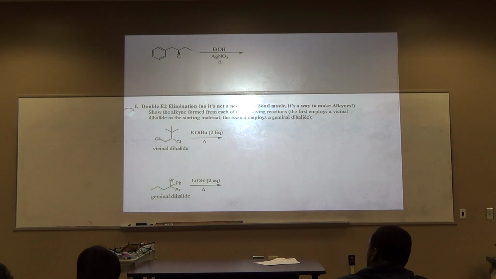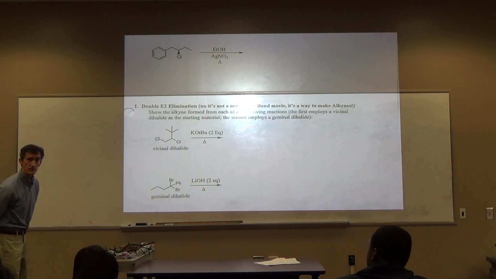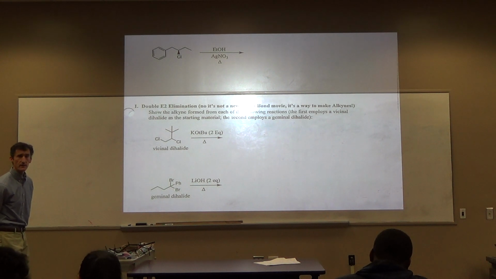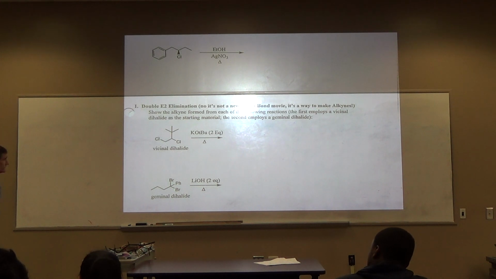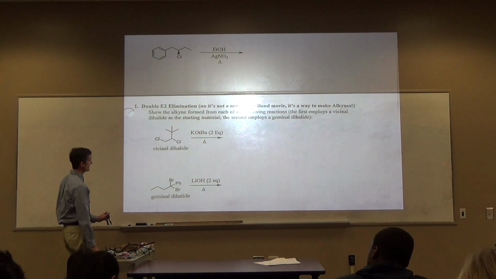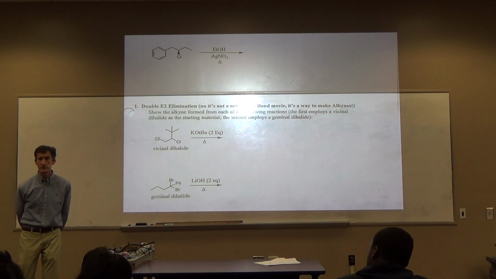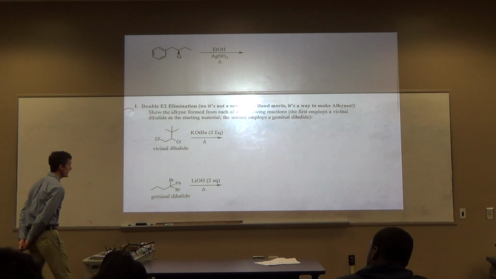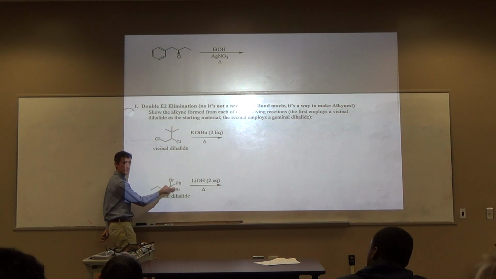What type of mechanism does this look like? We've got leaving groups on tertiary carbons, so we can do substitution or elimination. What do you propose? Strong sterically hindered base sounds like what? Elimination. E1 or E2? E2. E2, yes. Which leaving group are we going to eliminate first by E2? Hard to say. I don't think we've talked about it. We can eliminate either one. Down here, the leaving groups are on the same carbon, so they're effectively identical.